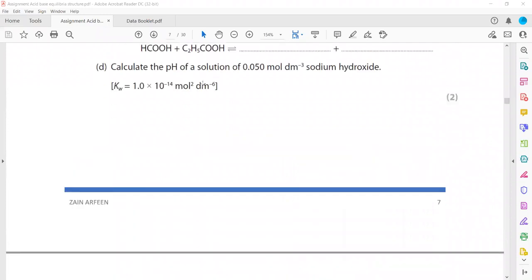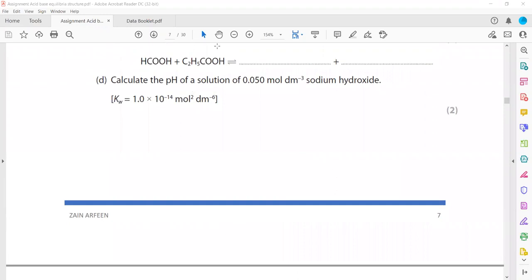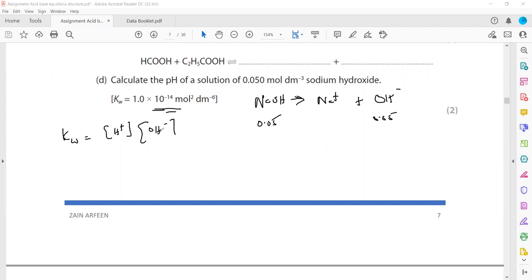Calculate the pH of a solution of 0.05 mole per dm cube sodium hydroxide. So how do we work out the pH? The dissociation constant is not given for a strong alkali or base. Because sodium hydroxide is a strong base, we consider that the concentration of the base is the same as the concentration of hydroxide ion. So if it was 0.05, this will be 0.05. Kw, the dissociation product for water, is the product of H+ and OH-.